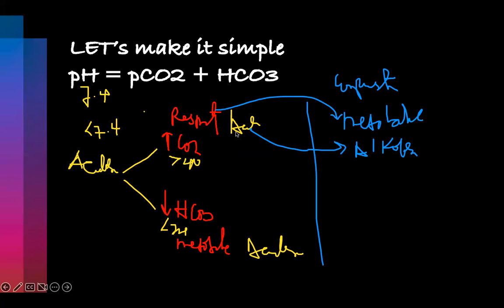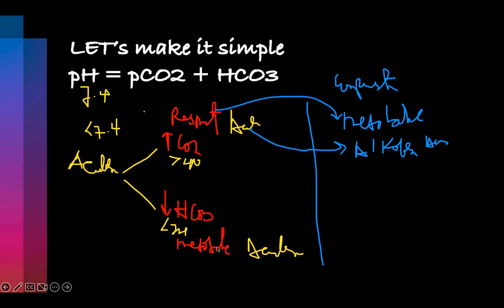If they give you a clinical scenario, like an asthma patient who is not breathing and is building up CO2, the kidney said, no, I need to hold on to bicarb. So they increase their bicarbonate and create metabolic alkalosis in order for the body to be in homeostasis.